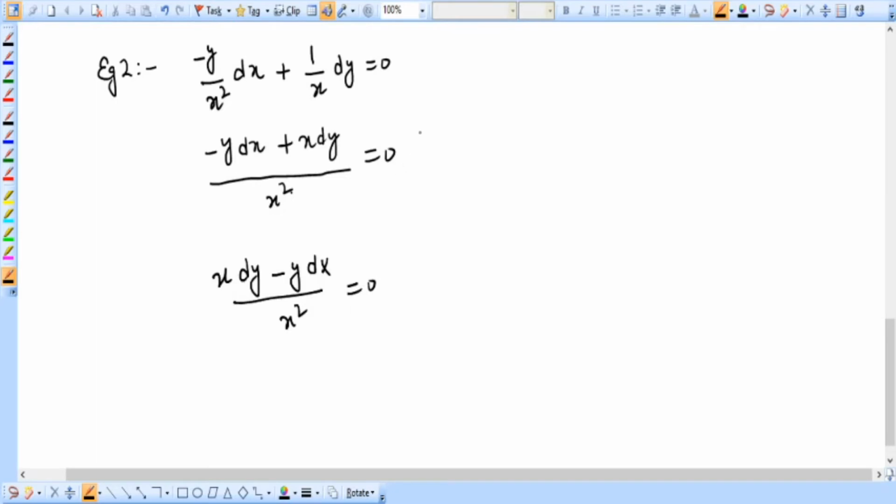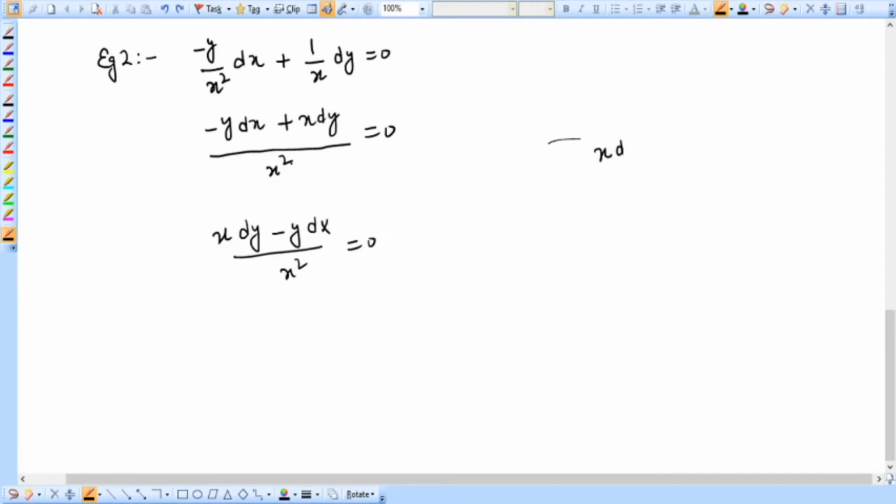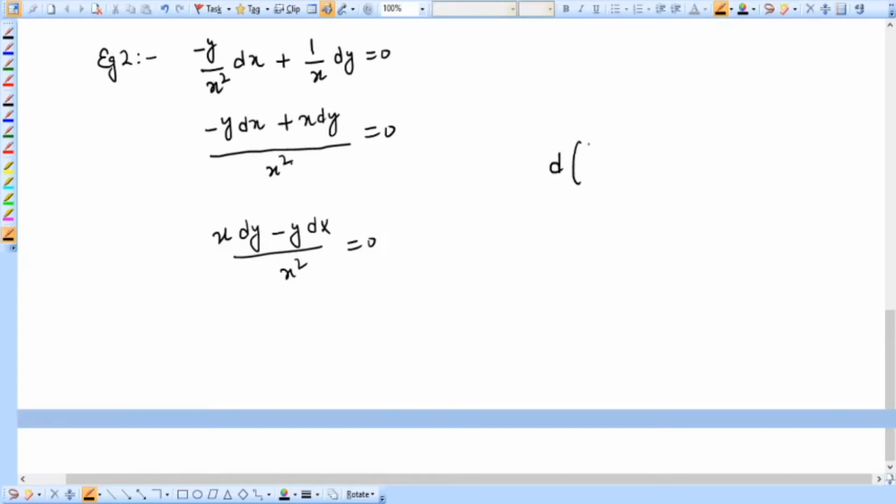So this can be written as x dy. Do you know what would be the differential of y over x?